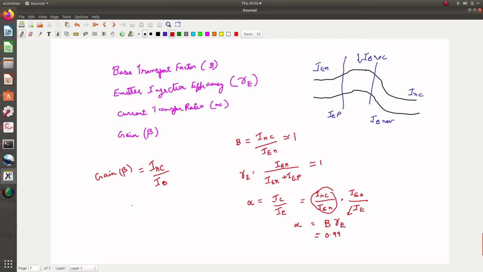From our first year class, we know that alpha is equal to IC by IE. Also we know IE is equal to IC plus IB.